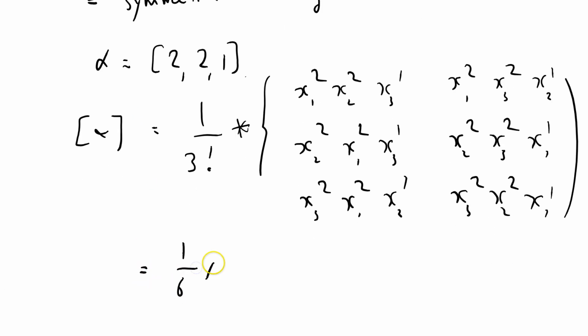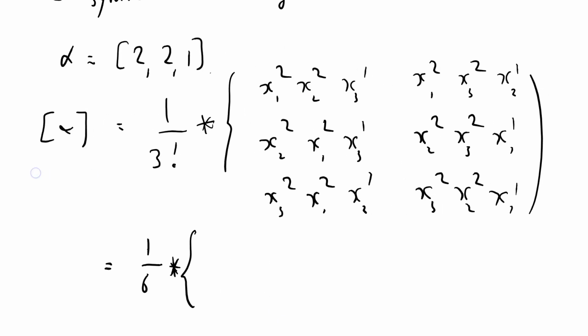Equals 1/6 times. Now what we're going to see here is that when we swap x1 and x2 over, they're the same. Look at this first term and this term here: all I've done is swap x1 and x2 over, and they are both raised to the second power. So x1 squared, x2 squared is the same as x2 squared, x1 squared. It's just commutativity of multiplication.